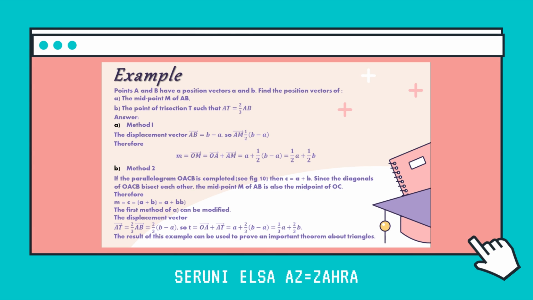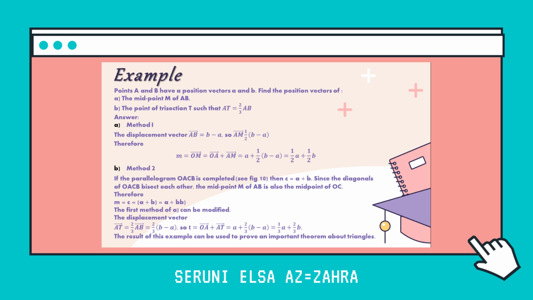Example. Points A and B have position vectors a and b. Find the position vector of (i) M, the midpoint of AB, (ii) the point of trisection T such that AT equals 2/3 AB.